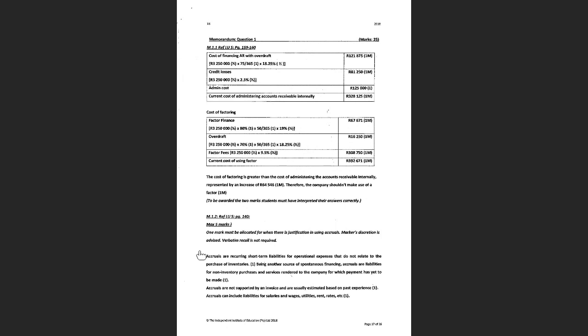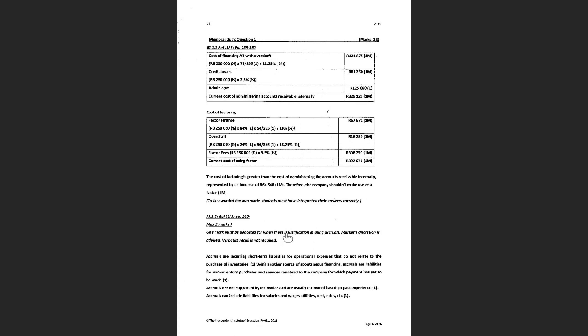And I'm not going to worry about this 1.2. That's straight out of your textbooks. That section on accruals. What would be interesting is just to see how the marks are allocated. So 5 marks, 1 mark must be allocated for when there is justification in using accruals, because they said explain when they would be justified.